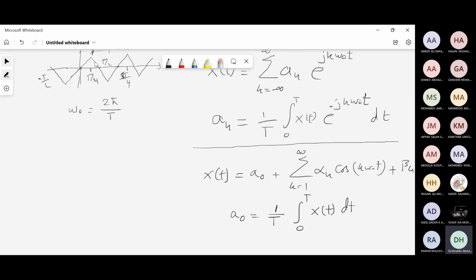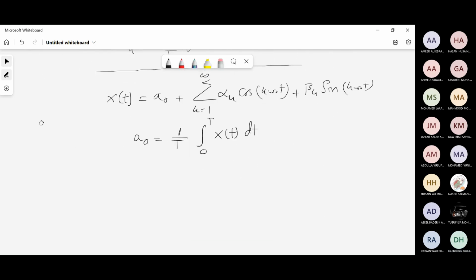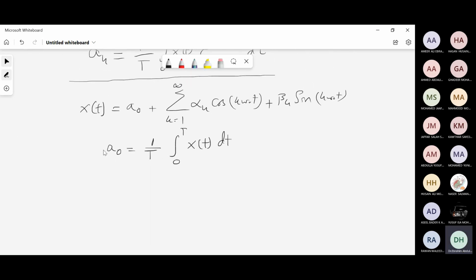It is clear for this one: since it is odd, the area here equals the area here. So this is positive, this is negative, then it is equal to 0 for this one. Okay, so then A naught is the average value of the signal.